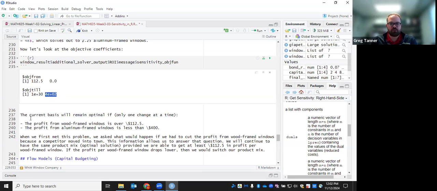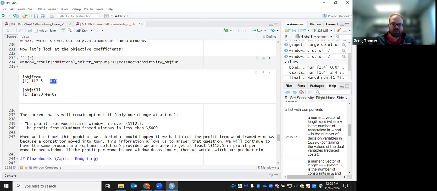So the current basis will remain optimal, assuming only one of these changes happens at a time, as long as the wood framed profit is at least 112.50, and the profit for aluminum frames is less than 400. If we are able to increase our margins enough on the aluminum framed windows, we probably switch over to making as many aluminum framed windows as possible instead of wood framed windows. And so we'd have a switch of basis, which would represent a switch of strategy.